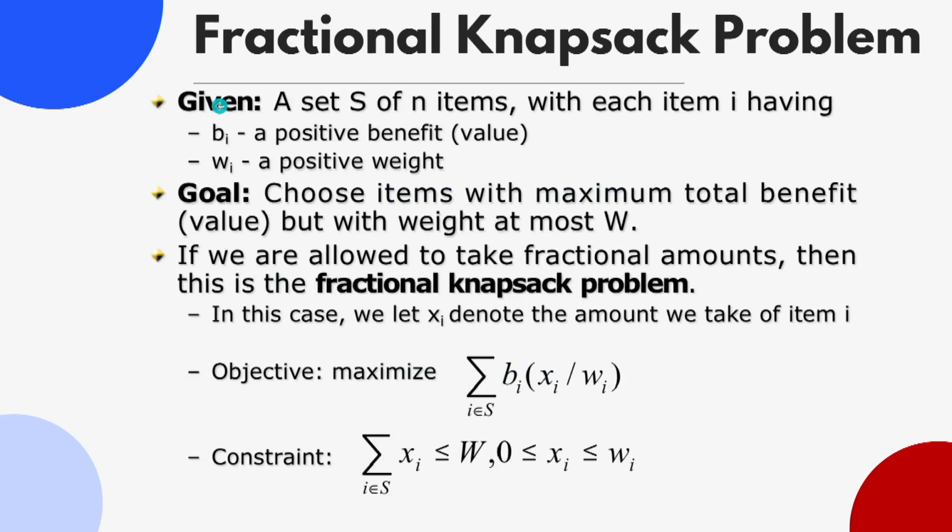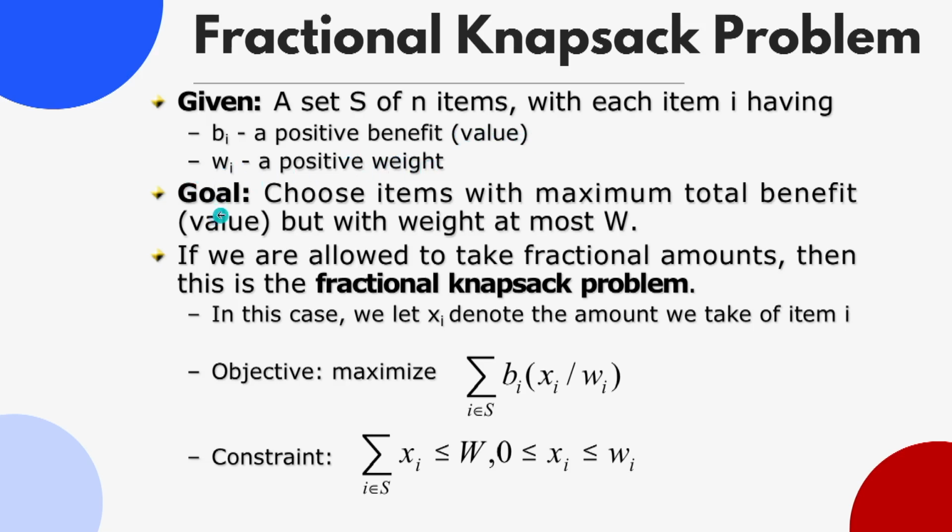So, now let us see what this fractional knapsack problem is. Consider that we have a set of n items, and each of those items has a benefit value associated with it. Whatever we have been calling profit before is what I call benefit now, and every item has a weight associated with it, which is Wi.